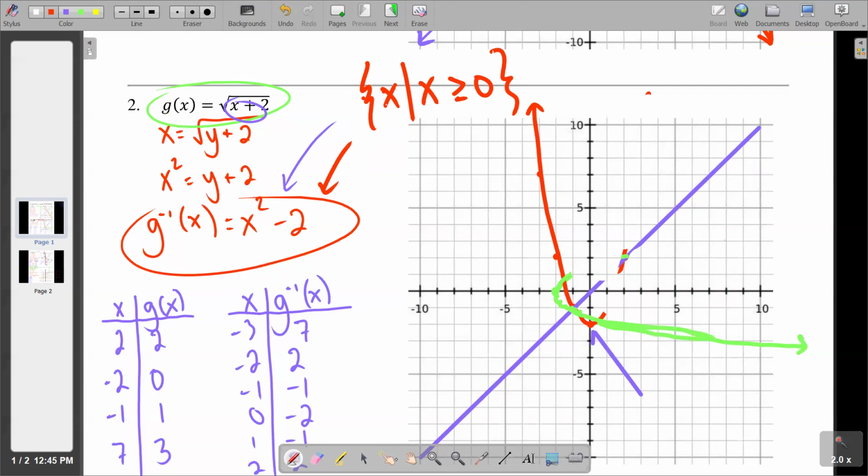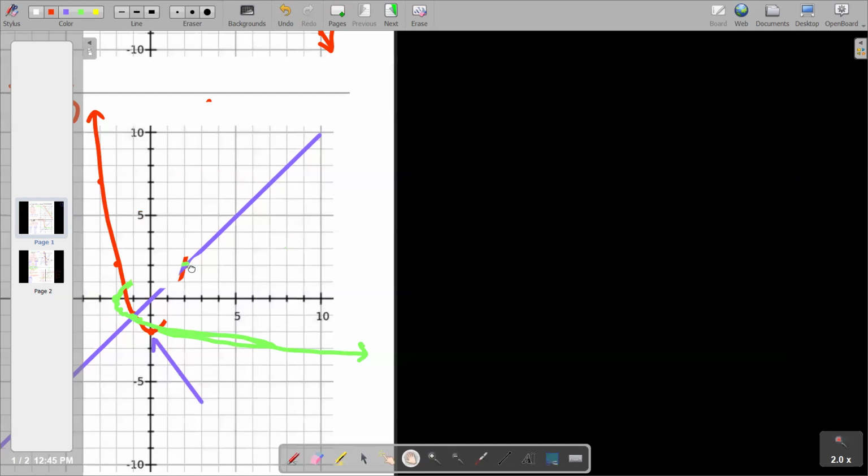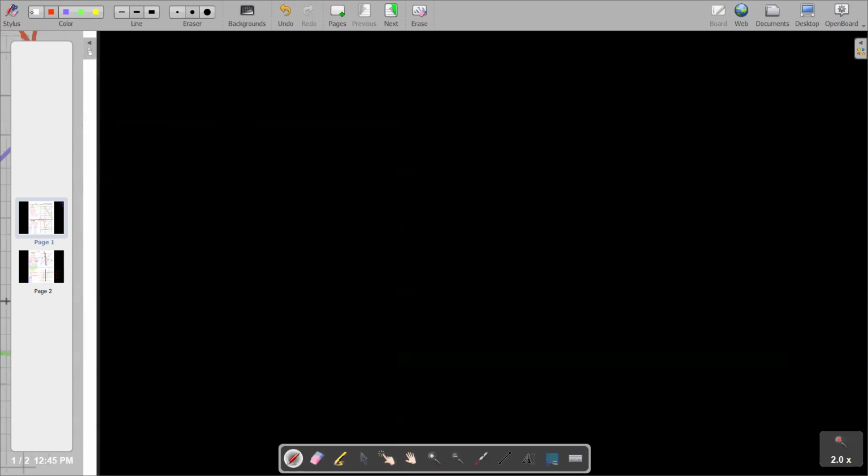I'm going to write that down again for you over here so there's not so much chaos on the board. We restricted the domain to say the set of, that's a curly bracket, all x's such that, that vertical bar in mathematics is shorthand for such that. So restricting it to the set of all x's such that x is greater than or equal to 0.